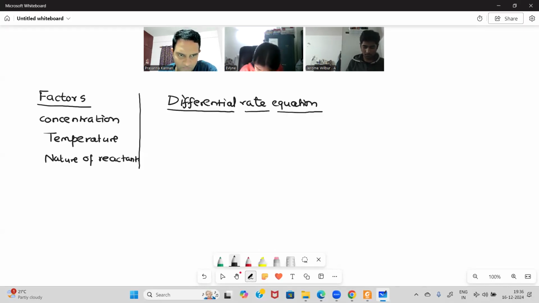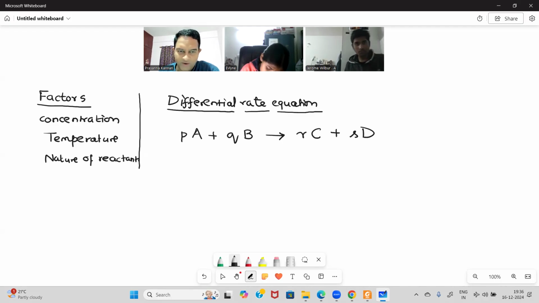Now, suppose I consider a reaction, let's say, P moles of A combining with Q moles of B, giving R moles of C and S moles of D. So the rate of the reaction can be defined in terms of the rate of disappearance of the reactants or in terms of rate of appearance of the products.